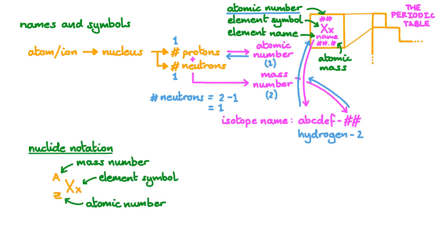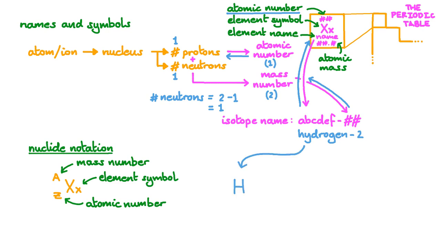The other way you might see isotopes written is in nuclide notation. Nuclide notation takes the information about an isotope and condenses it in a way that can be used in chemical equations. The element symbol for the isotope is used, and in the top left we have the mass number telling us the isotope, and the bottom left we have the atomic number.